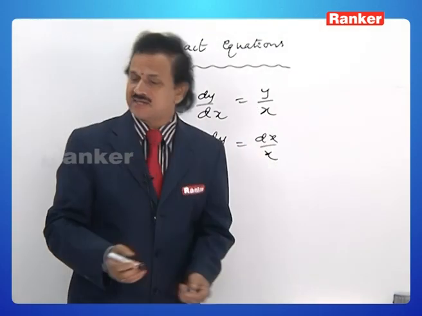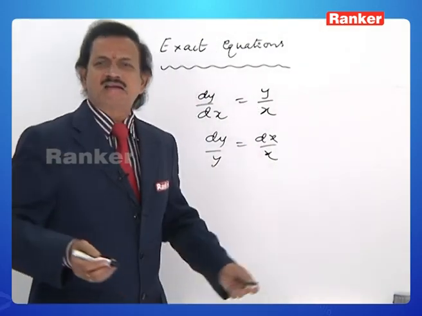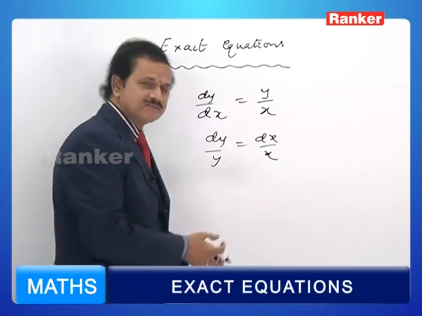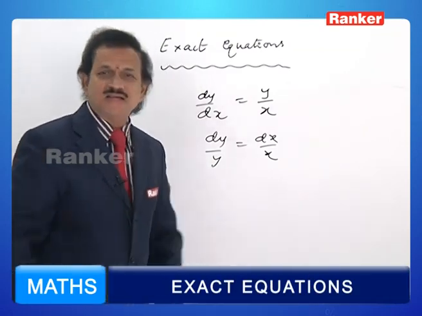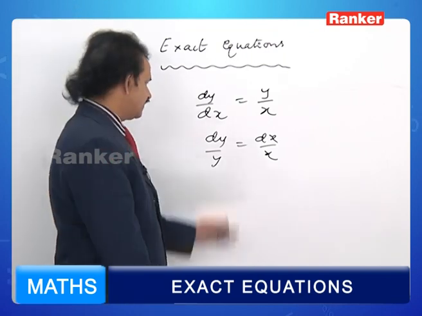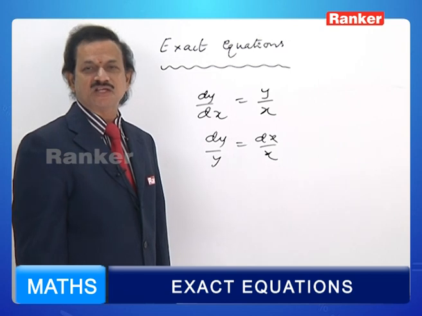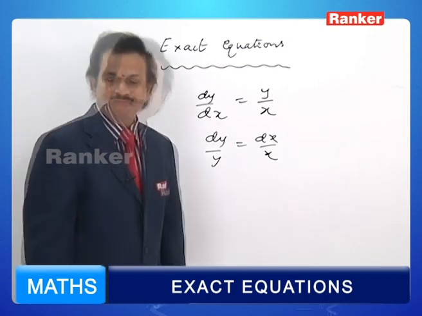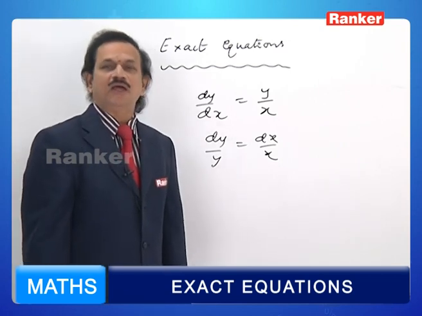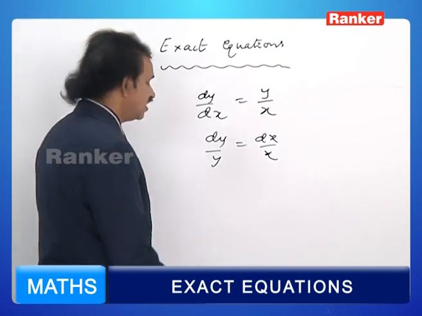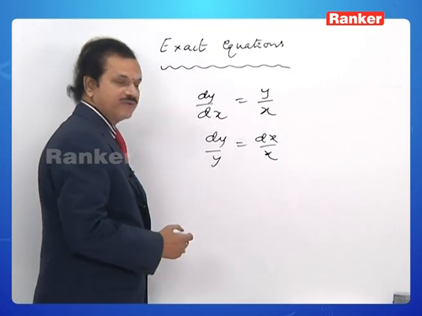The solution of this equation can also be obtained directly by integration itself. What is the answer for this? Log mod y is equal to log mod x plus log mod c, or y is equal to cx. Such equations can be called exact equations.